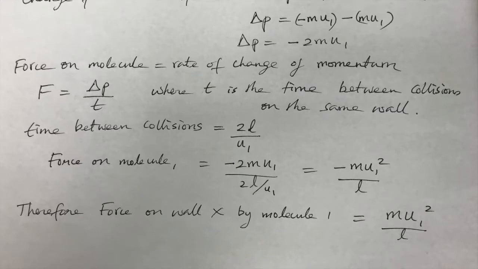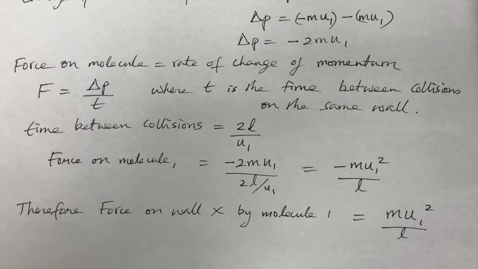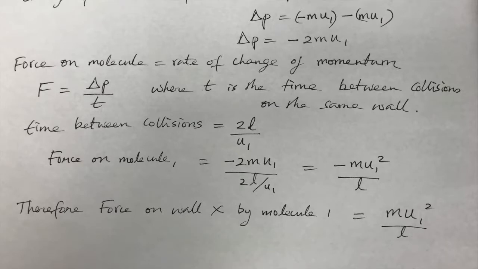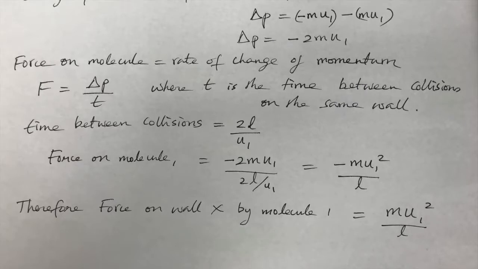Now I'm going to ask you another question. What is the force on wall X? This is the force on the molecule. What is the force on the wall? Same thing but positive.